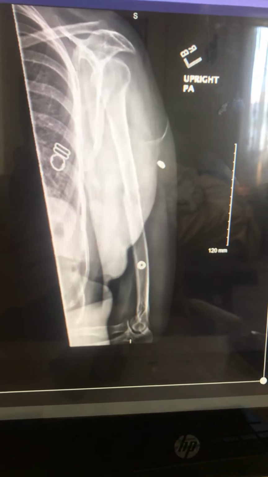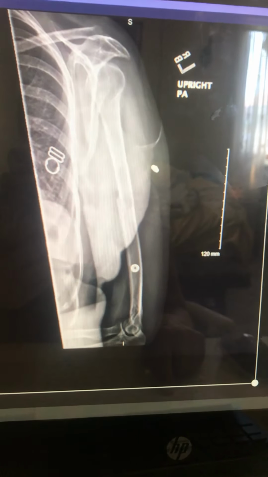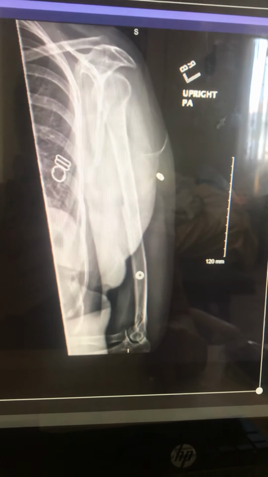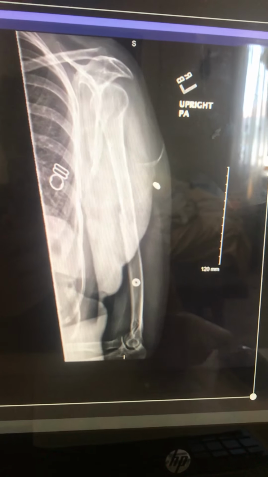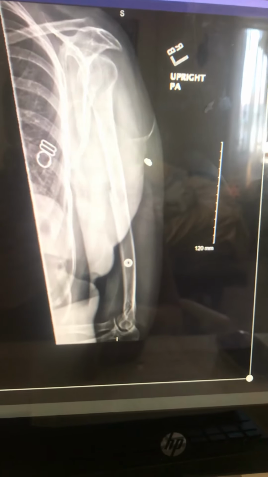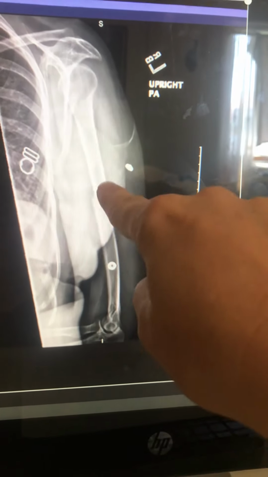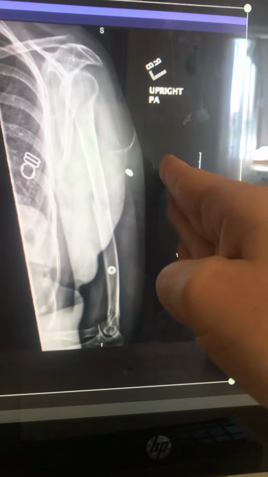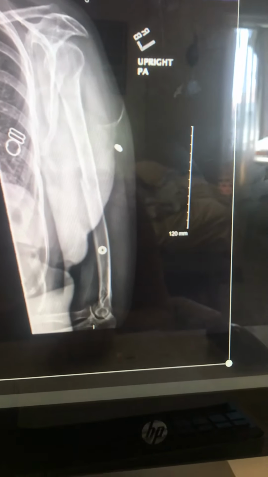The proximal humerus and shoulder girdle have a decrease in detail because the patient was unable to move her arm far enough away from the body to clear the soft tissue of the body. All this right here is soft tissue, so we would have wanted to move her out farther to get better detail right there, but she was unable to move.